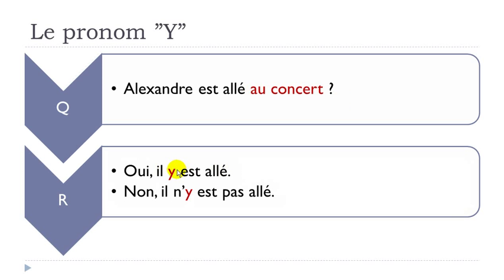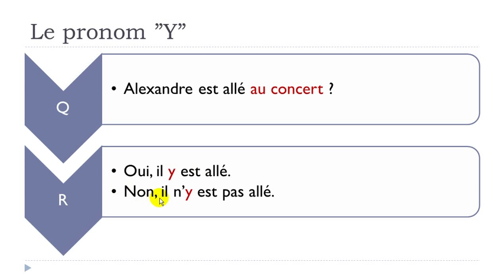Okay, so keep in mind that even if you've got two parts here, it's only one verb. It's the verb aller at the passé composé. Okay, so it's composed. So we've got two elements, but still it's one verb. So it means that your pronoun y should be before. Il y est allé.